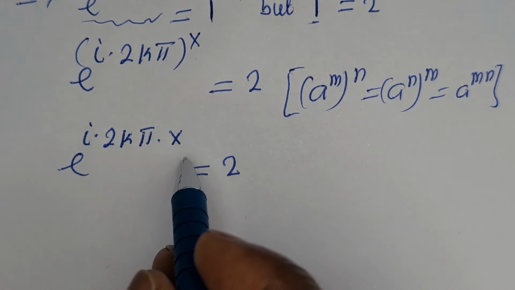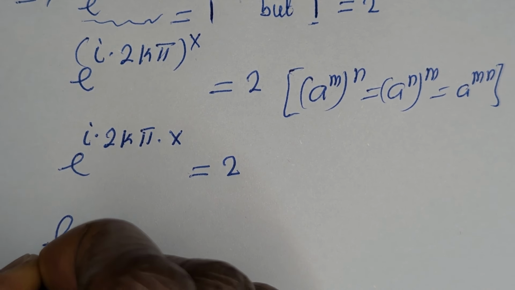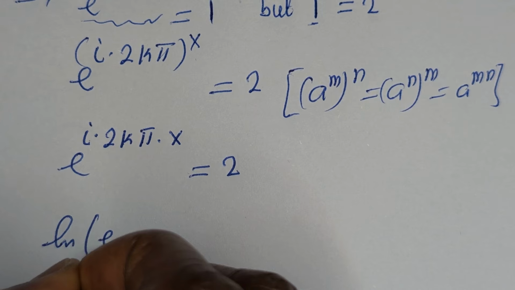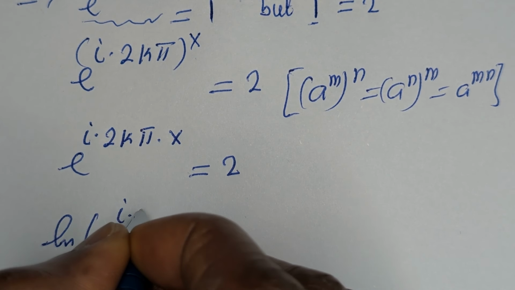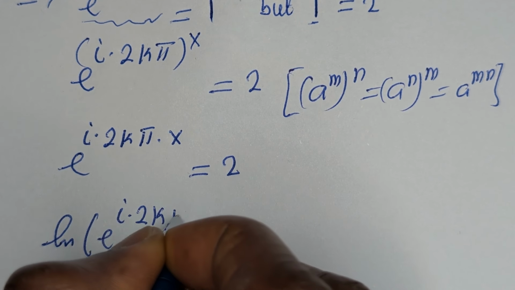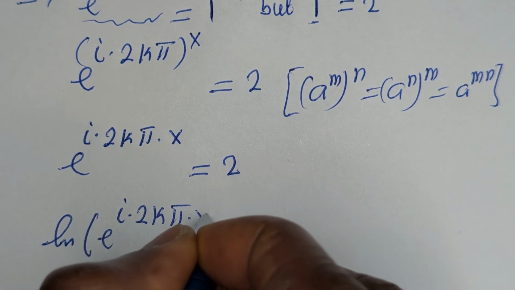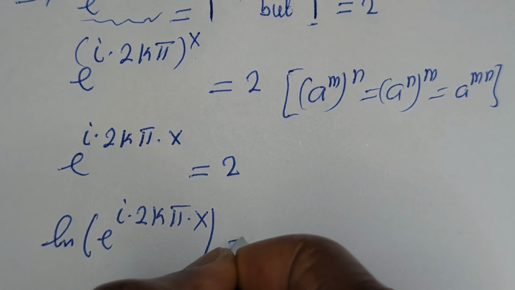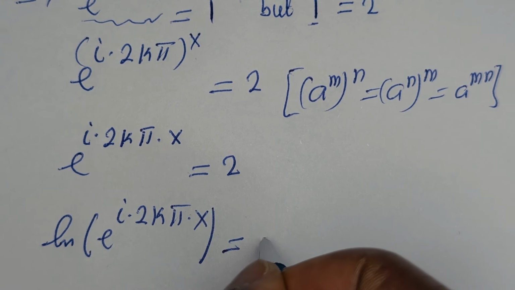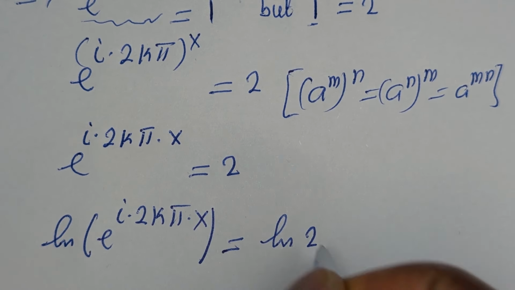Let us take the natural log on both sides of this equation. We have natural log of e to the power i multiplied by 2k pi multiplied by s is equal to natural log of 2.